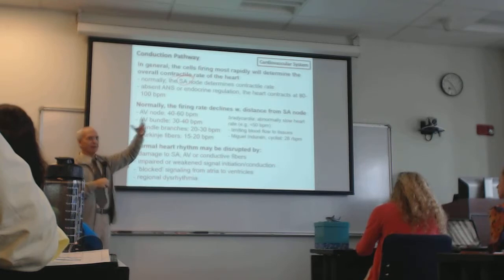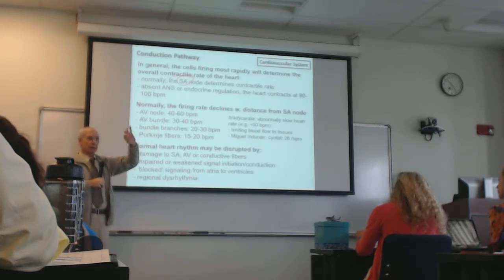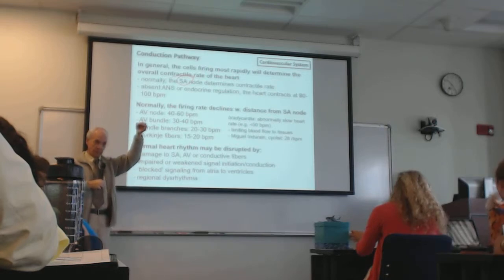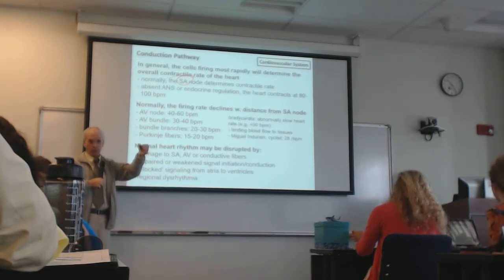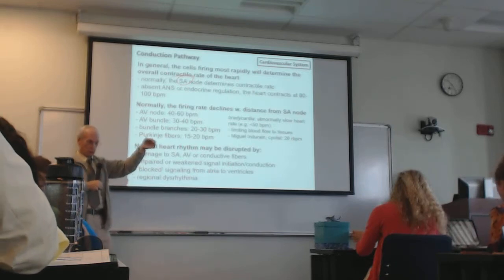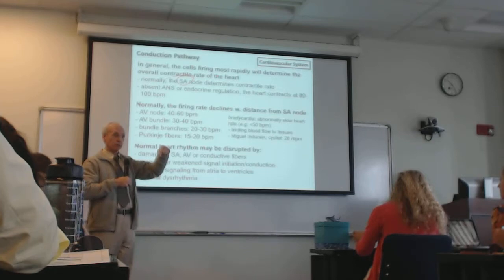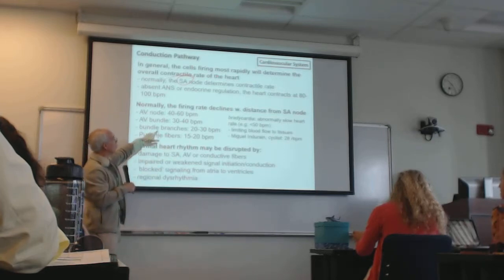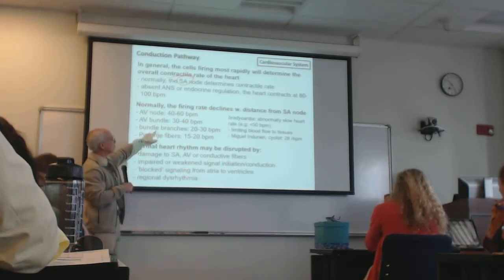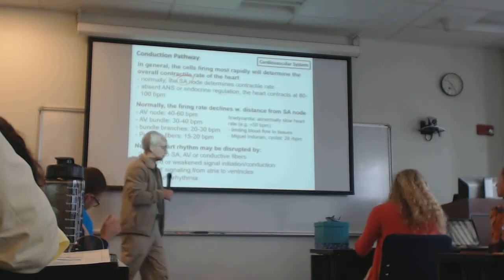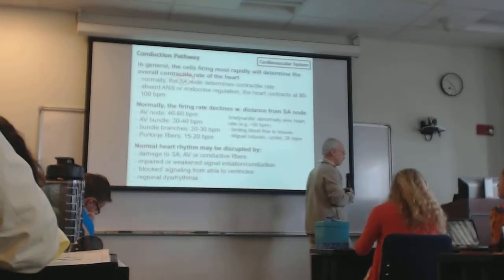Just remember that the AV node is anatomically just above the annulus fibrosus. The AV bundle then, which is fine with me if you want to call it an extension of the AV node, continues through that annulus fibrosus to then, below the annulus fibrosus, separate into the left and right branch fibers.